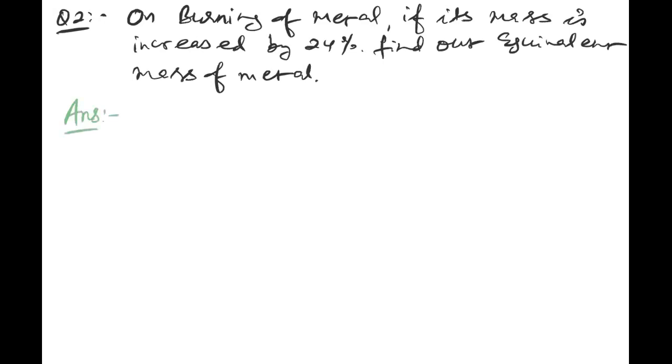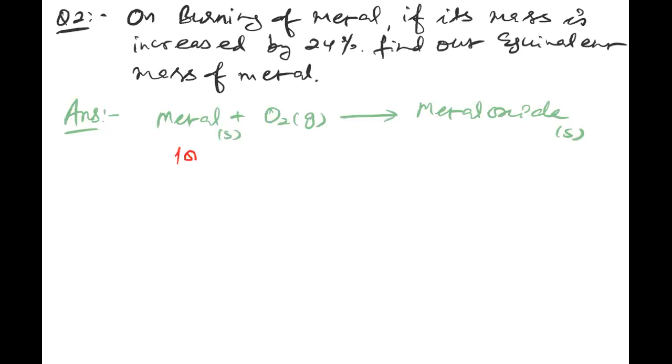As far as equivalent mass is concerned, when we see burning of a metal, it obviously means its reaction with oxygen gas, such that it gets converted into a solid metal oxide. Suppose 100 gram of metal gives 124 gram of metal oxide.